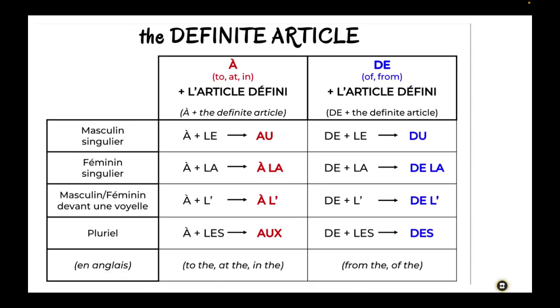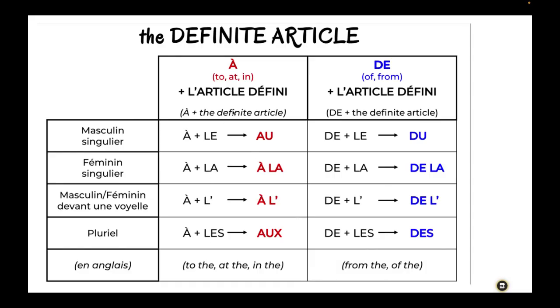So à means to, or at, or in, it has different meanings in French, the à with the accent. So with the definite articles, when you have à and le, you're going to have to make that contraction. You will never see somebody saying à le, because it's heavy. We say au, which is the AU.